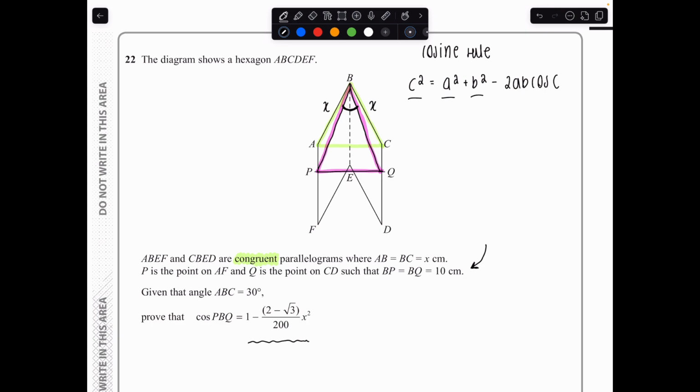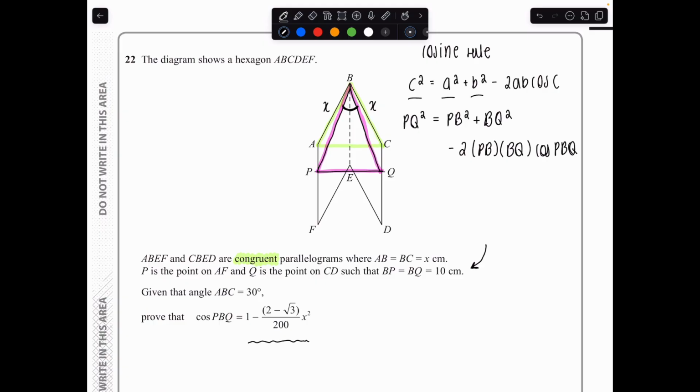So let's just substitute all of those into our cosine rule and see what we get. So C is going to be PQ squared, then A is going to be PB squared, B is going to be BQ squared, then we have minus 2 lots of PB, BQ, cos of PBQ.